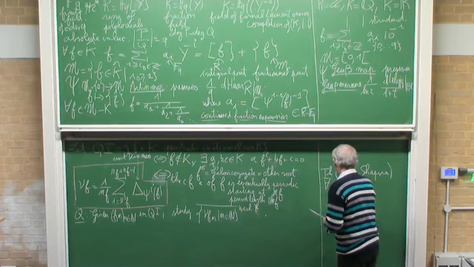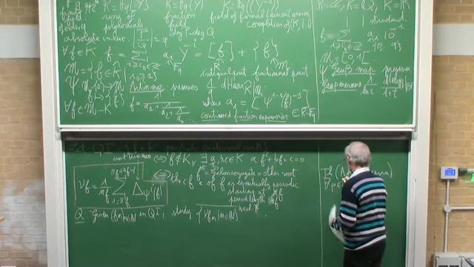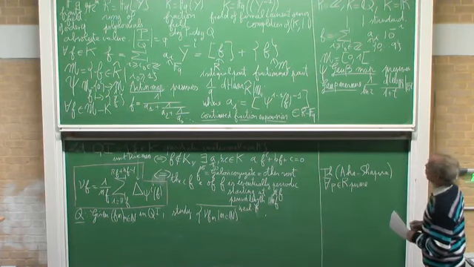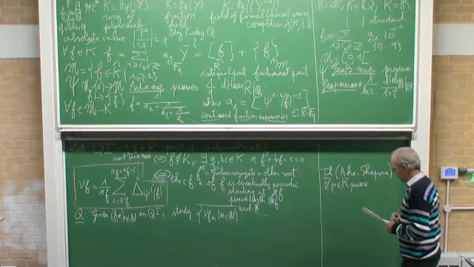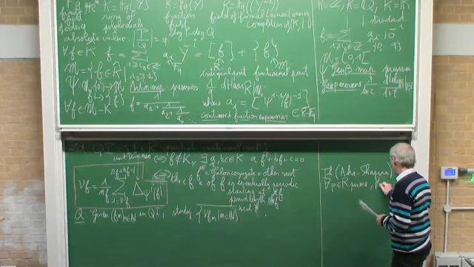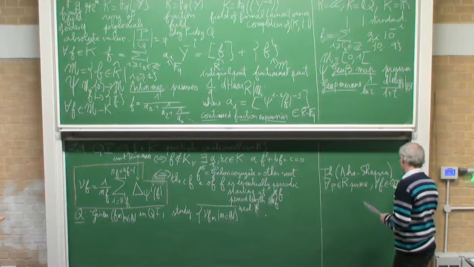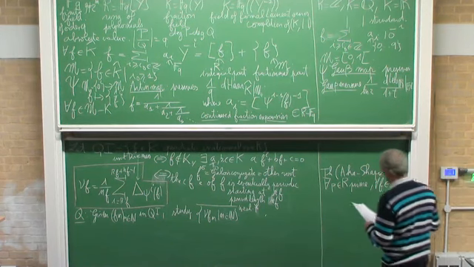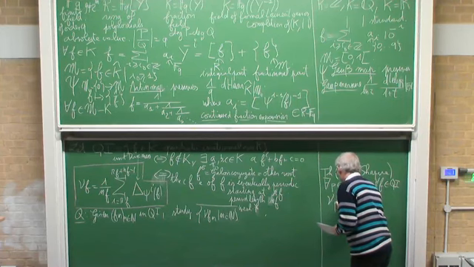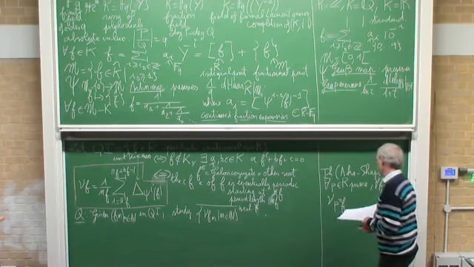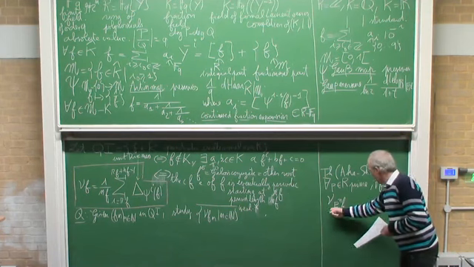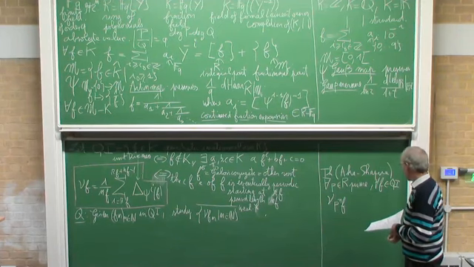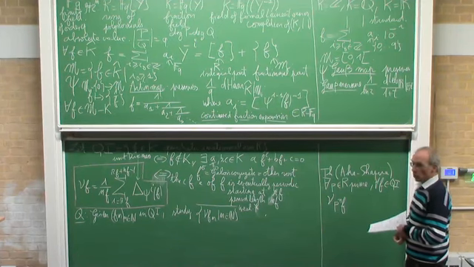Take T a prime natural number in this case, and take F any quadratic irrational in R over Q. What happens to them?